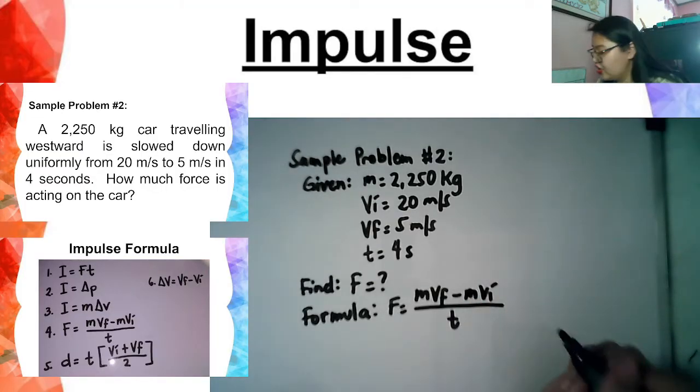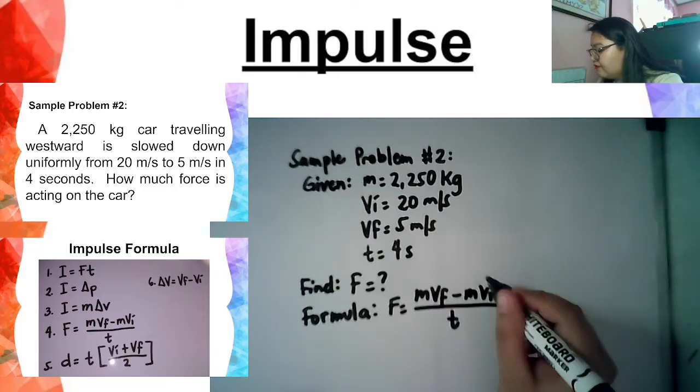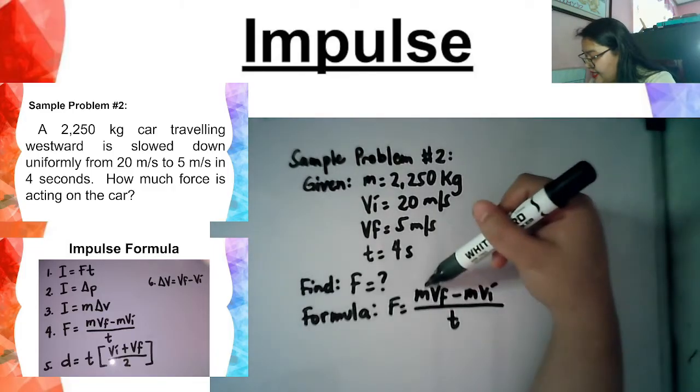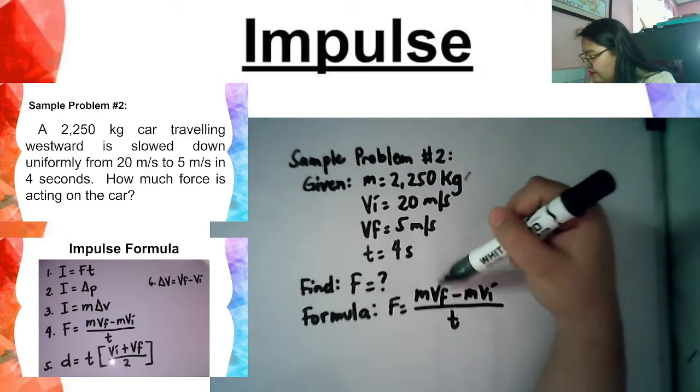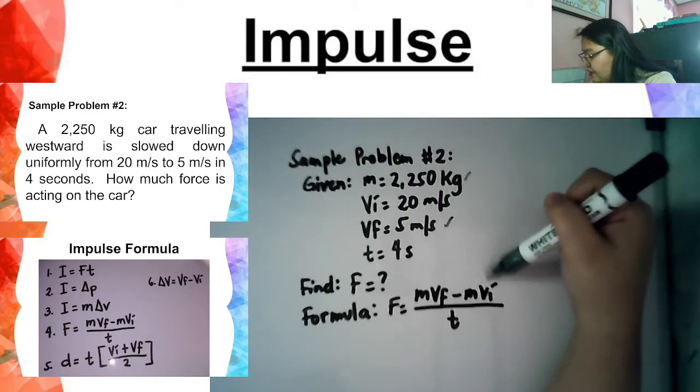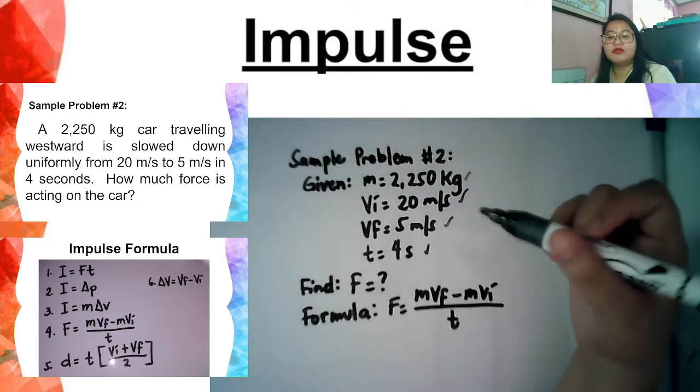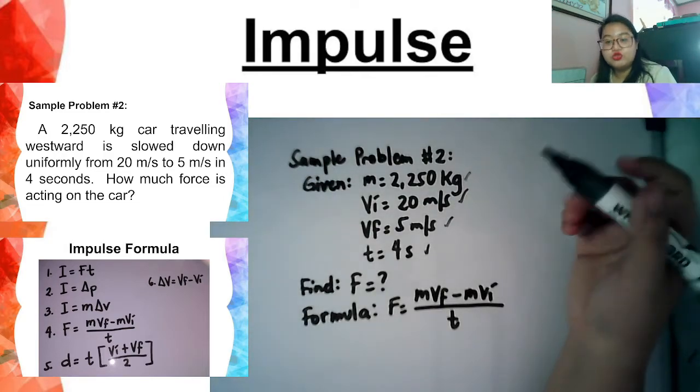Okay? So, check natin. Lahat ba nung nasa formula ay given na quantities? So, we have the mass. Check. So, we have the final velocity. We have the initial velocity. And then, we have the time. Therefore, pwede tayong magdiretso sa ating solution.